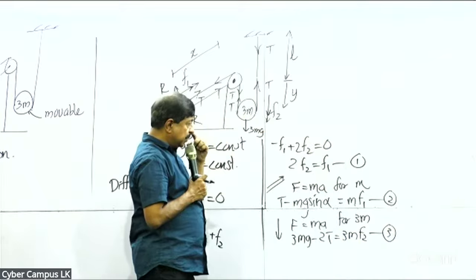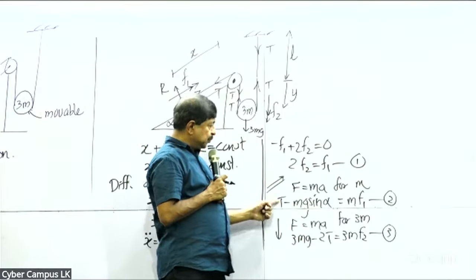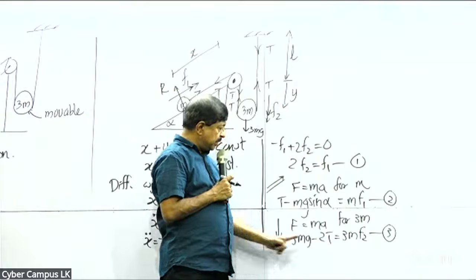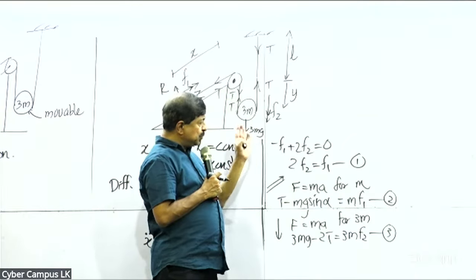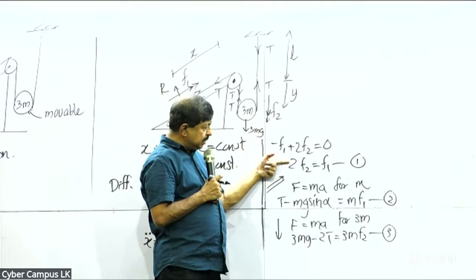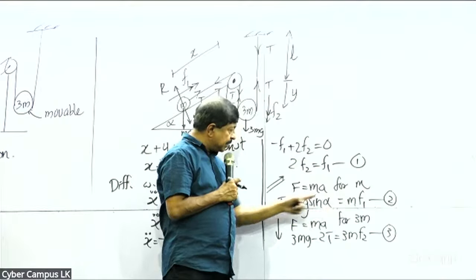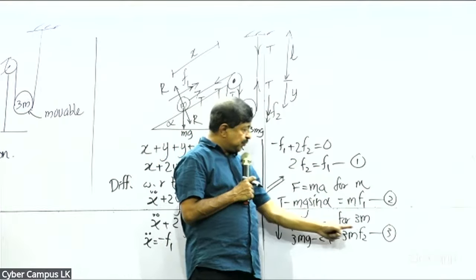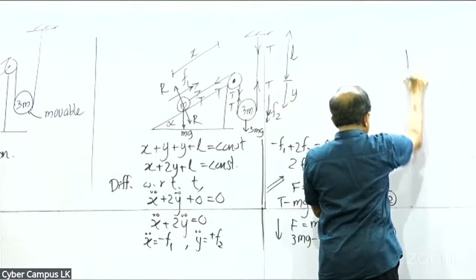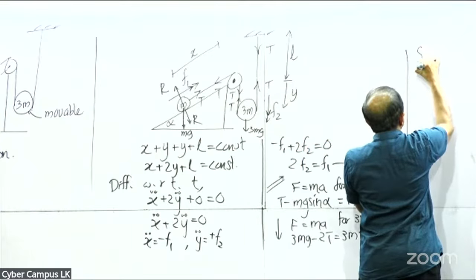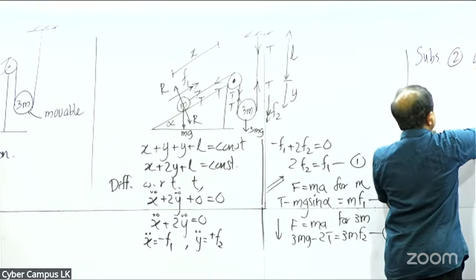Again, you can find everything once you know what T is. If you know what T is, then you can find F1. If you know this, you can find F2. So how do you find this? Now take this equation, make F1 the subject. F1 is this divided by m. F2 is this divided by 3m. You go ahead and substitute that there. Substituting 2 and 3 in 1.